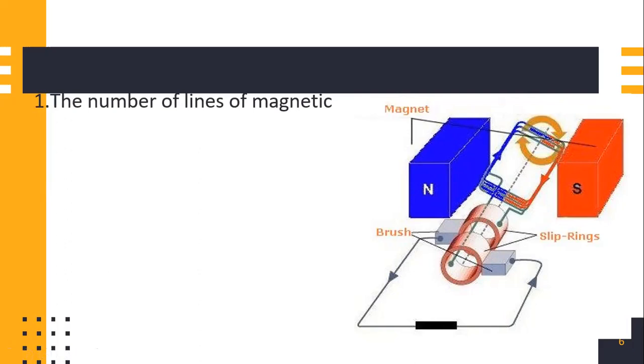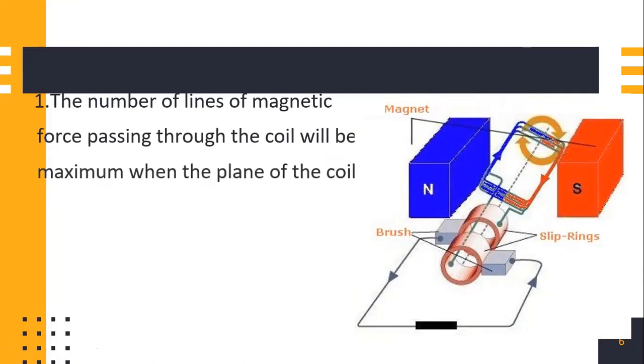How does an AC generator work? The number of lines of magnetic force passing through the coil is maximum when the plane of the coil is perpendicular to the lines of force.